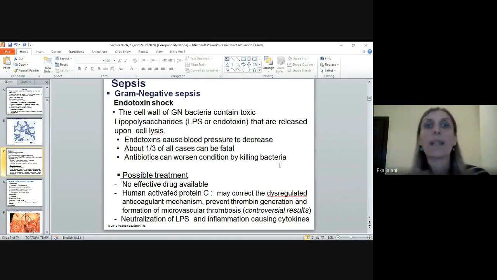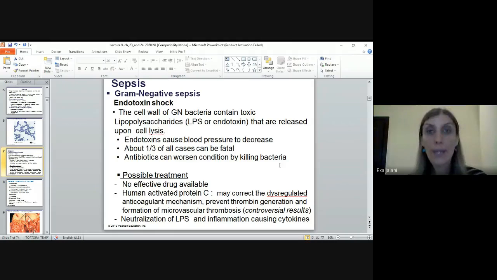Of course, when bacterial cells grow in our body, some die, some continue to grow, and endotoxins are released and can lead to endotoxin shock. It can lead to leukopenia, decreased leukocyte count, and disseminated intravascular coagulation.